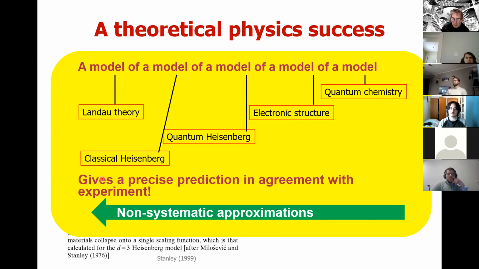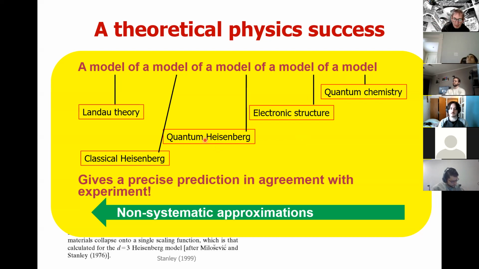You've got quantum chemistry at the lowest level of description. The next higher level of description of a magnetic material, you might have the electronic structure, the band structure, the electron-phonon interactions, the electron-spin interactions, spin-orbit interactions, and so on and so forth. Then you say, well, let's make a simpler model of that. Let's ignore the electronic structure, but let's just focus on the magnetic dipole moments.